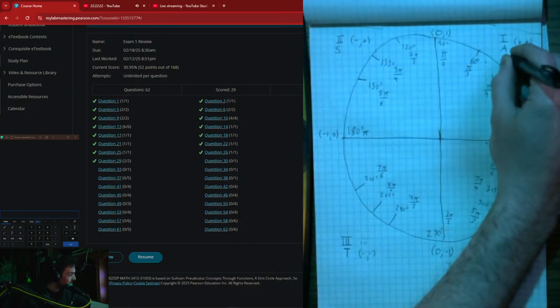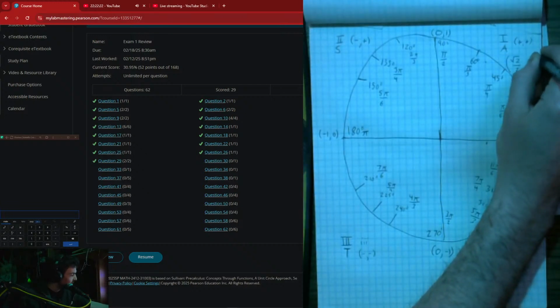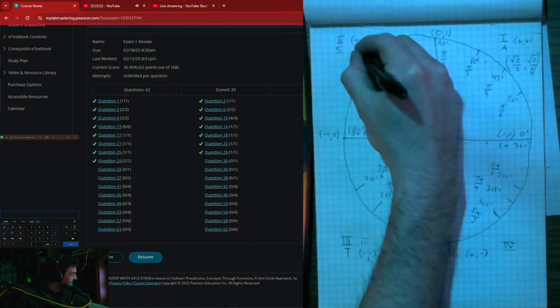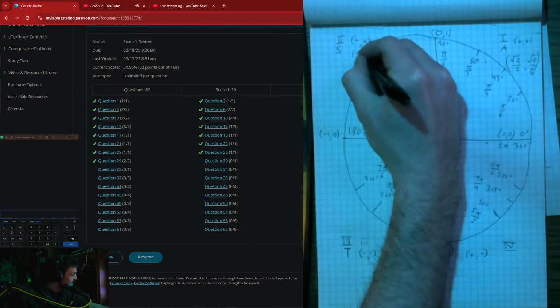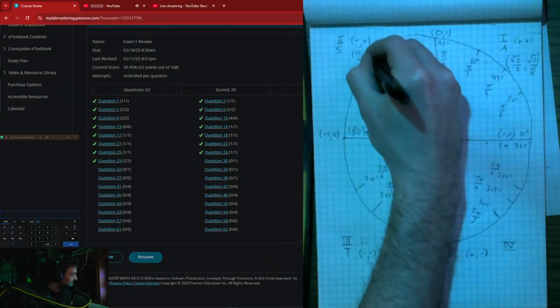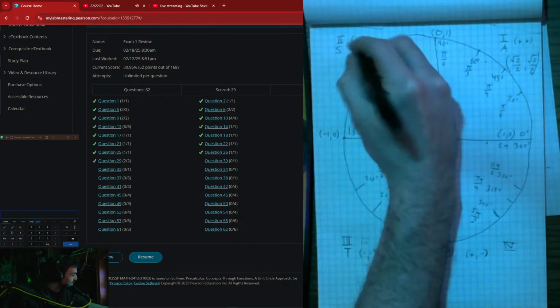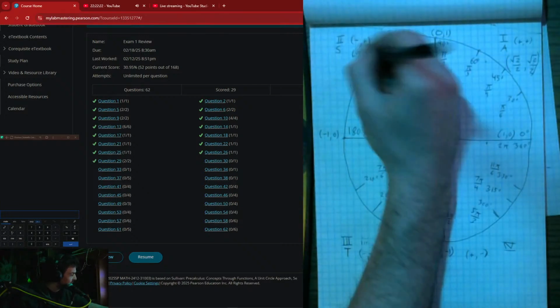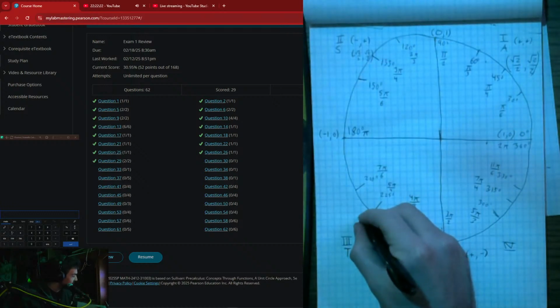Let's go ahead and fill those in. First quadrant, both are positive. Second quadrant, x is negative. Third quadrant, both are negative.